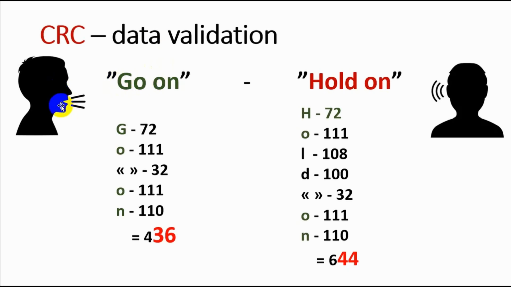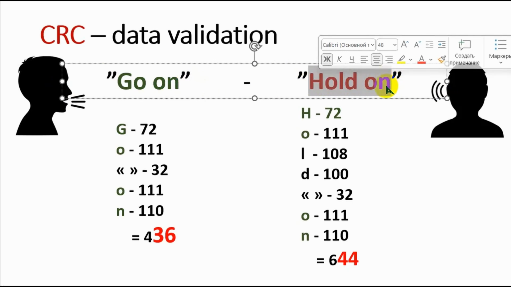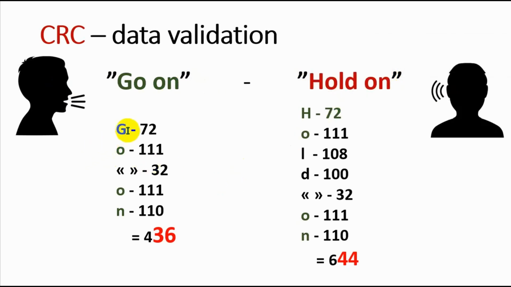Let's say you cry, go on, and someone on the other side of the earth just hears, hold on, go on, hold on. It sounds very similar, but the values are opposite. So how can we know that we have heard the correct command? And the answer is a checksum. You can encode each letter.